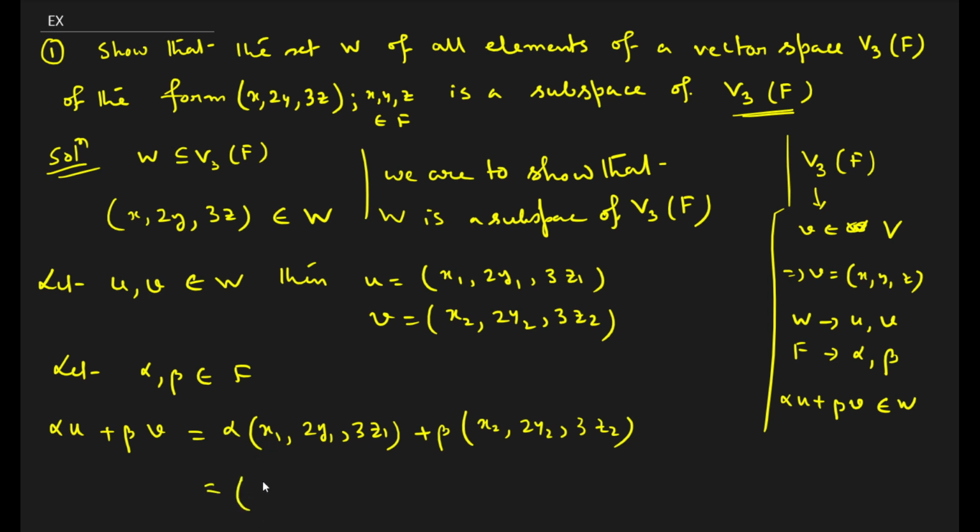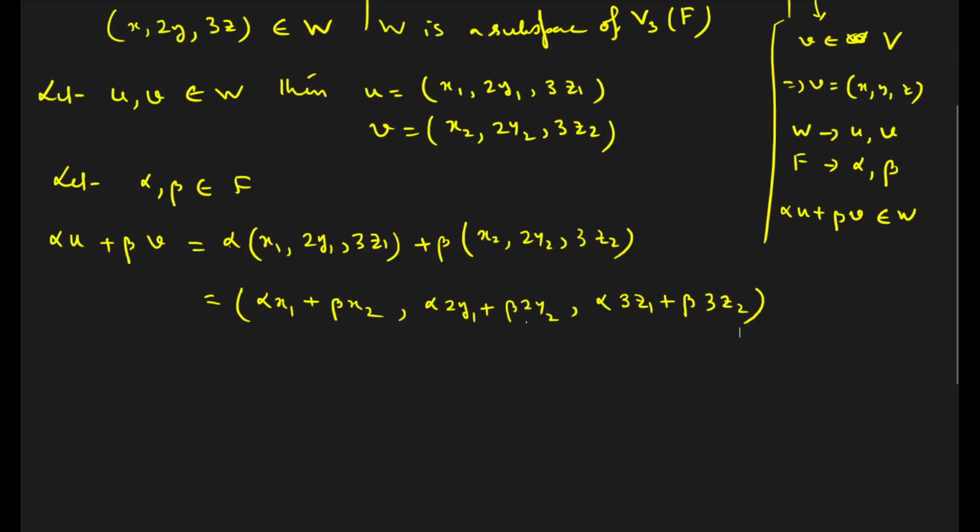Alpha into x1, plus, taking the first element, beta x2. So alpha x1 and beta x2 we can write together. Now alpha into 2y1 plus beta into 2y2, comma, the third element, alpha into 3z1 plus beta into 3z2. We can write it like this.